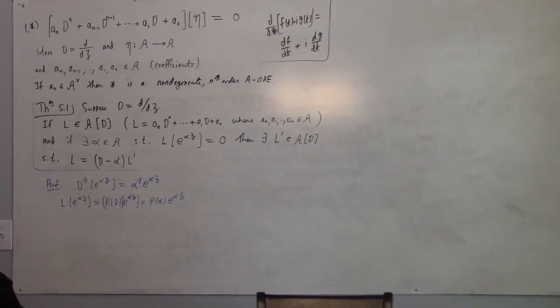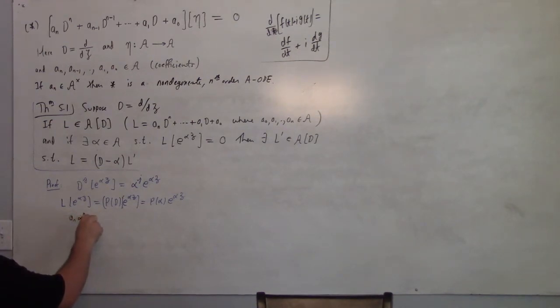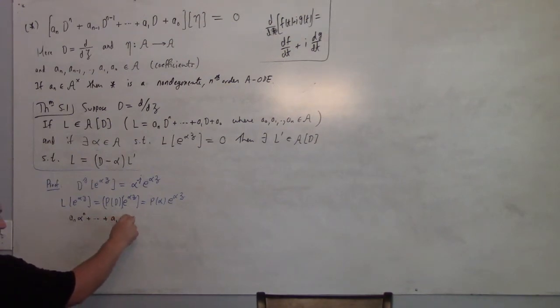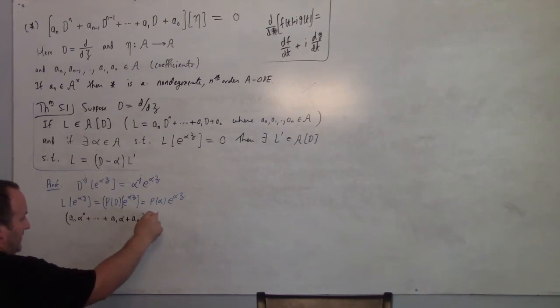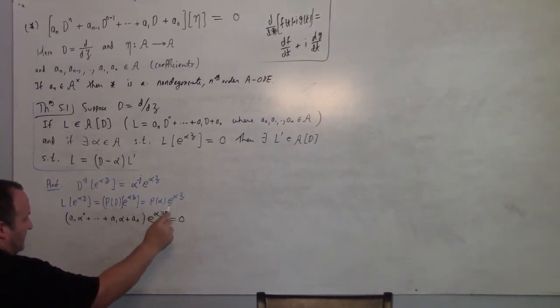And then, of course, let's expand on what that means. That means a_n alpha to the n plus ... plus a1 alpha plus a0, all that, times e to the alpha zeta equal to 0.